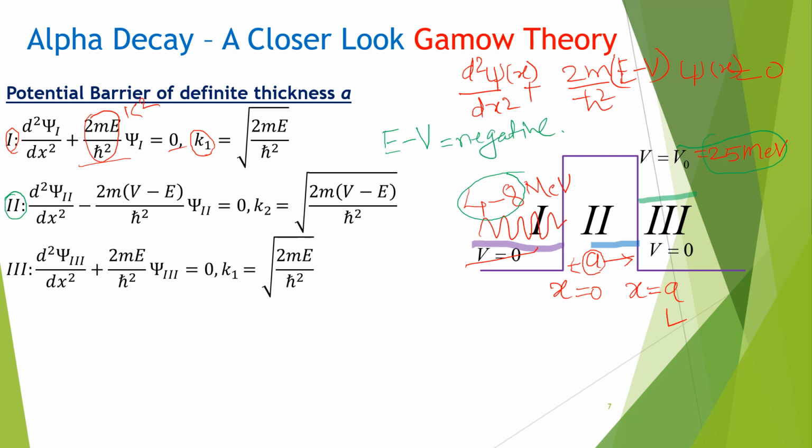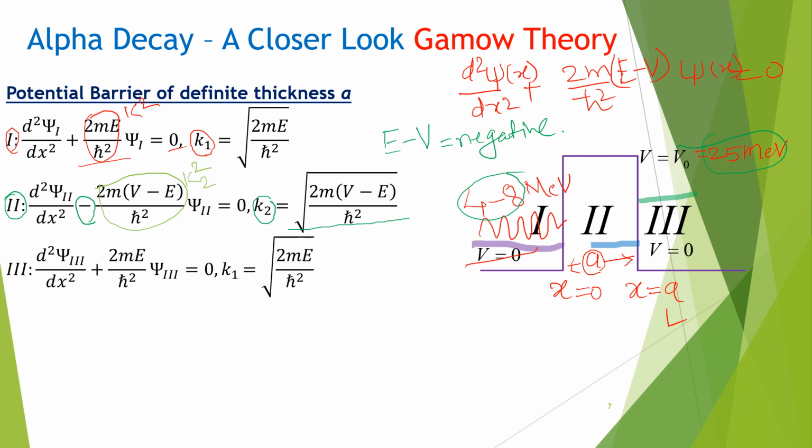So we shall write that minus sign here, and it is V minus E. This quantity we shall plug in as K2, which is equal to the square root of 2m into (V minus E) upon h cross square, so that K2 square is the replacement for this quantity.